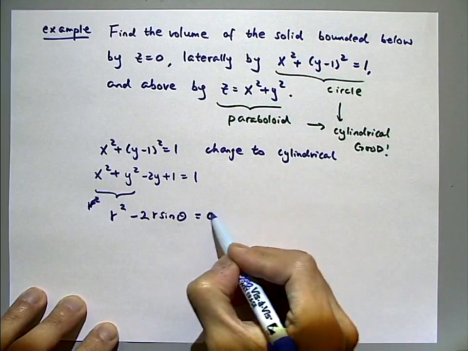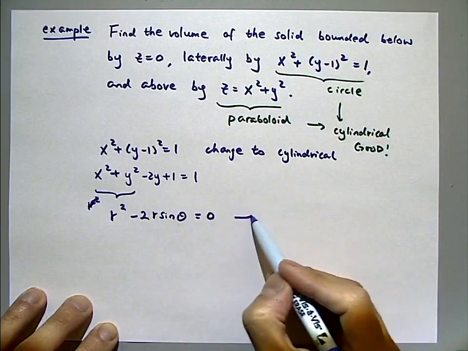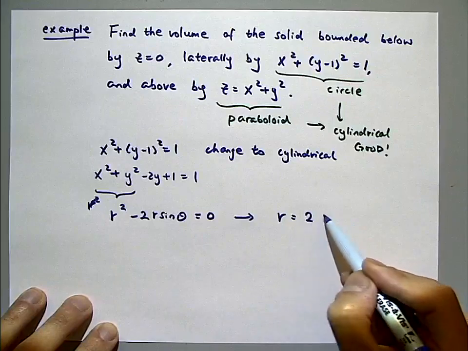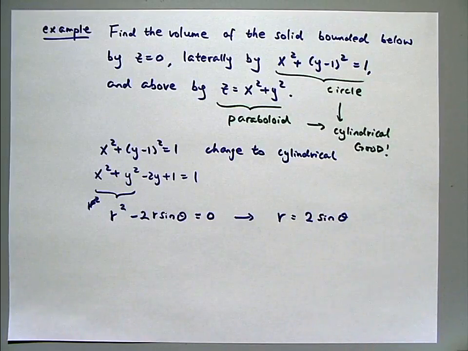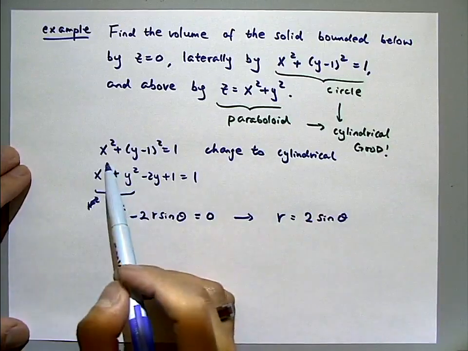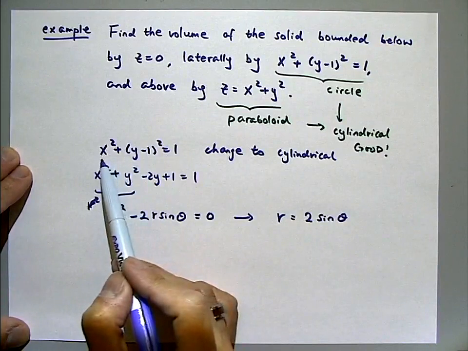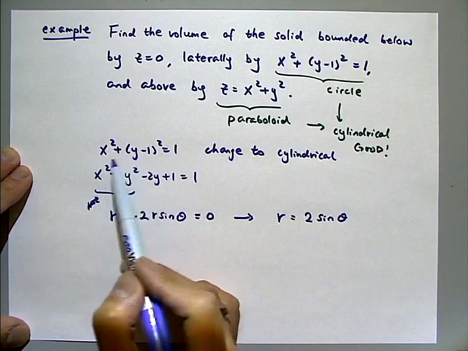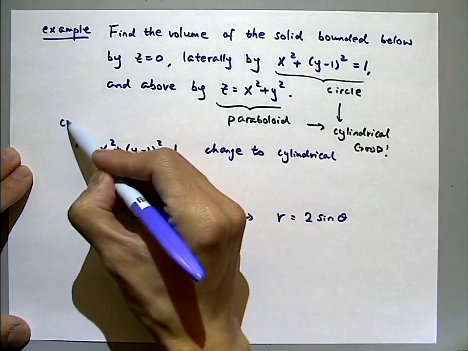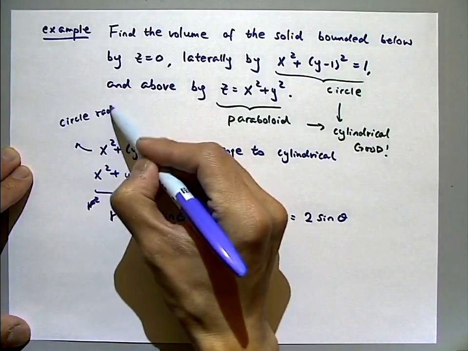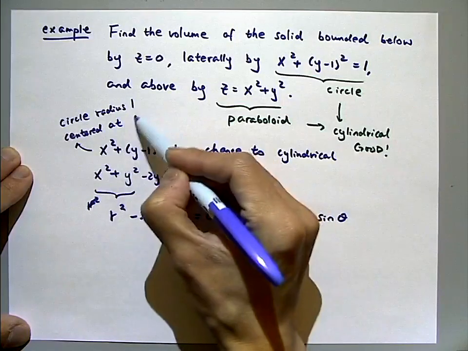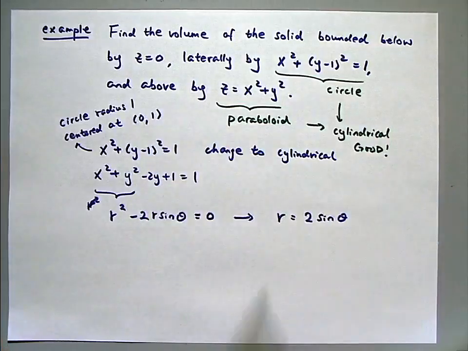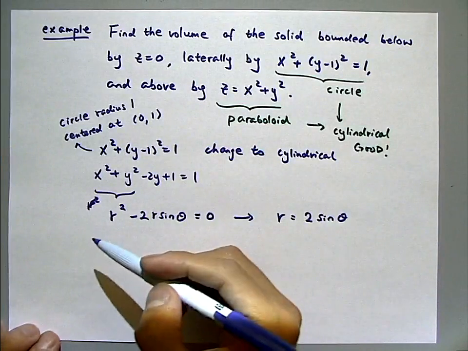So we have a 0 here. So this is equivalent to r equals 2 sine theta. And what is this? This is a circle of radius 1 centered at (0, 1). So it's a circle that's offset from the origin.